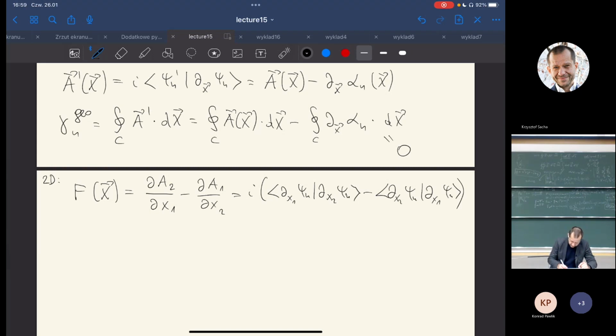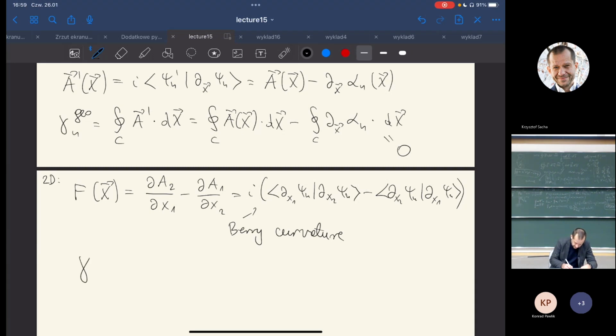And this is something which is called Berry curvature. And Berry curvature, in contrast to the Berry vector potential, is gauge invariant.